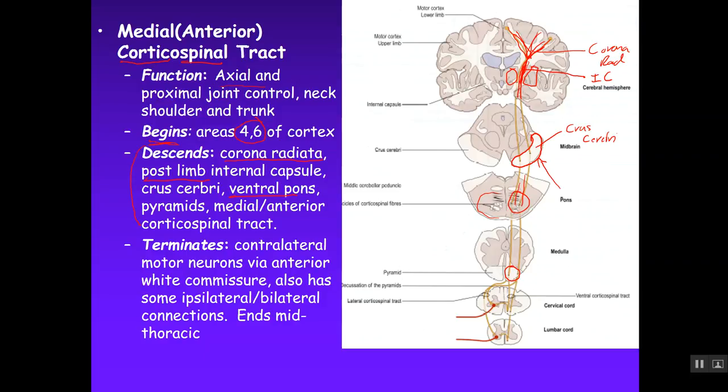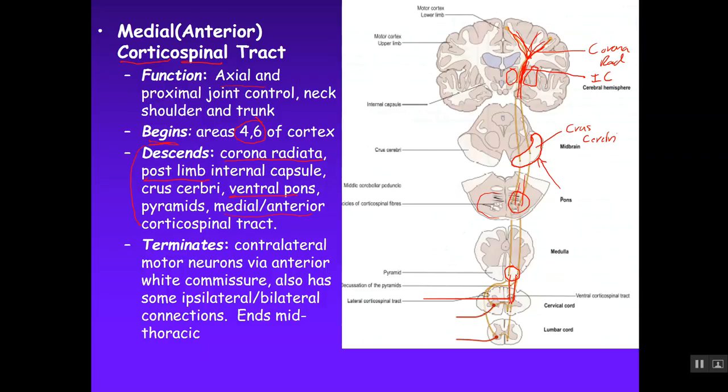Okay. Remember we said, a lot of our motor stuff runs towards the front part of our brainstem and the front part of our spinal cord, where generally more of the sensory stuff's towards the back. Okay, so this is running down the front part. And then once it gets into the spinal cord, it stays on the same side right here.